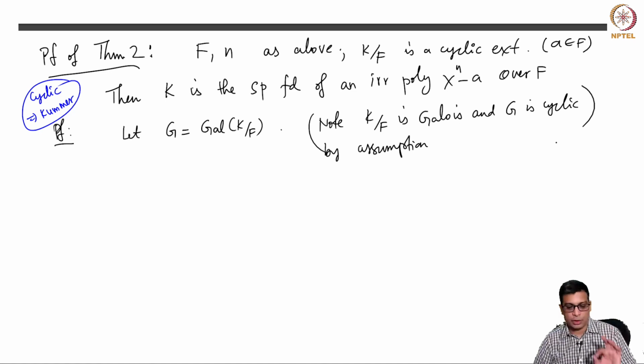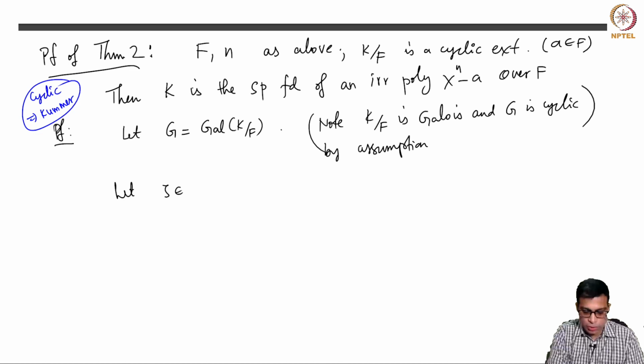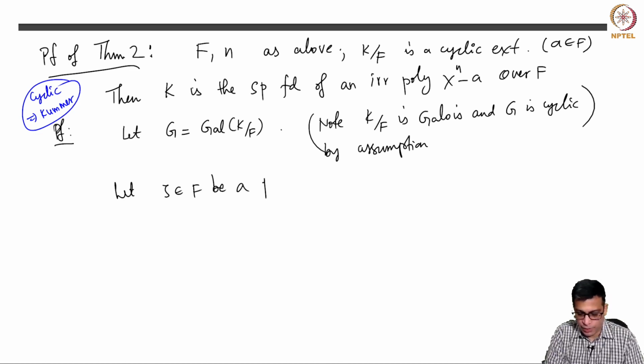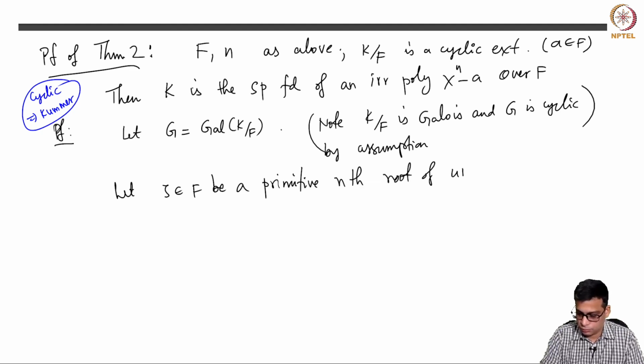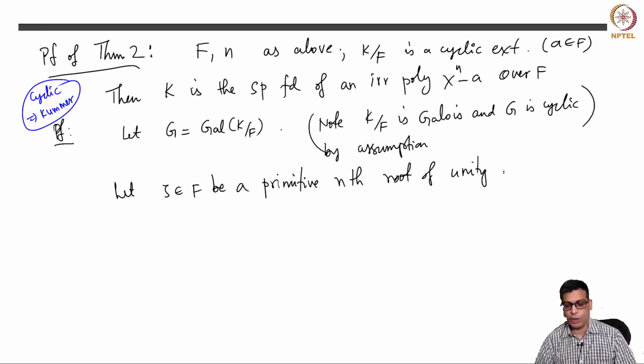So now our goal is to produce a small a in capital F whose nth root will generate K. So let us also fix a primitive nth root of unity in F. Because F contains an nth root of unity, I will just take one of them.